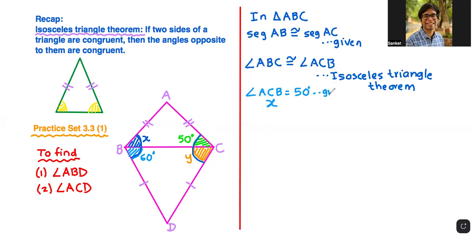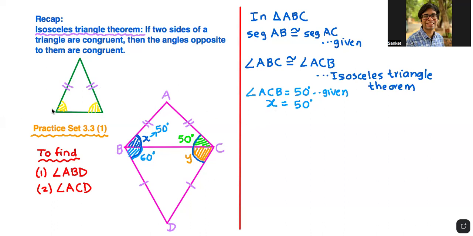This is given. So therefore, if these two are equal, X should also be 50 degrees. So I get the value of X as 50 degrees. So when I get this as 50 degrees, I already know this is 60 degrees. So this whole angle ABD is going to be 50 plus 60, that is 110.